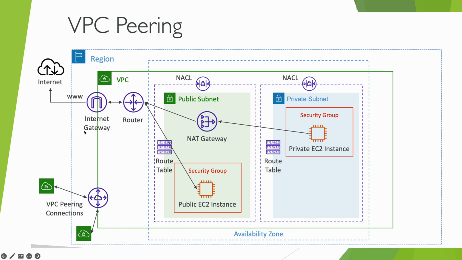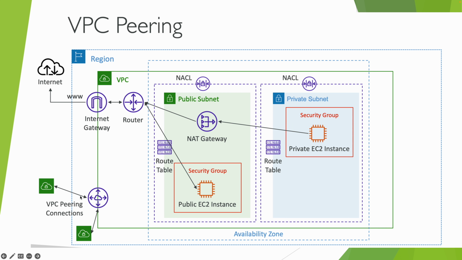So this is the VPC which we have created, and inside the VPC we have all these public subnets, NACLs and all. Outside there will be some other VPCs. We'll create a VPC peering connection on the VPC level, and we'll peer this to another VPC in AWS, that might be in the same region or in a different region.